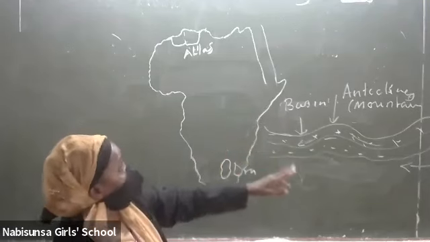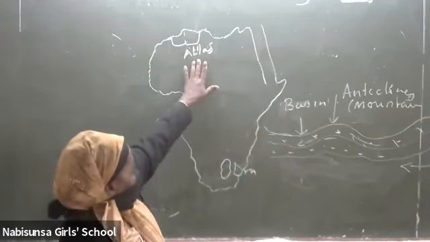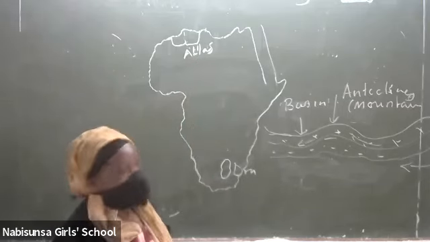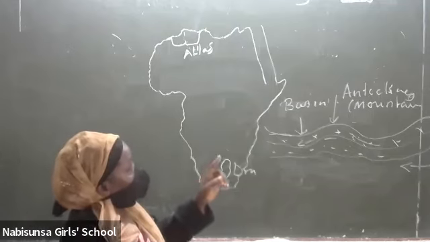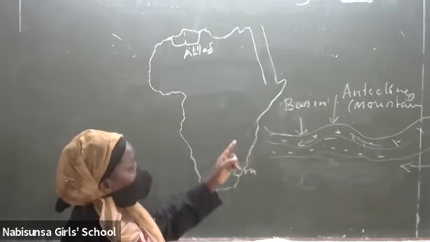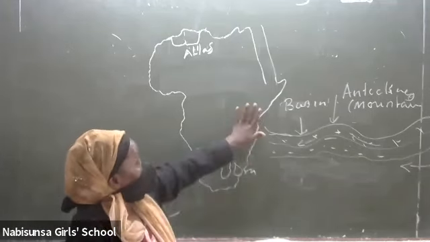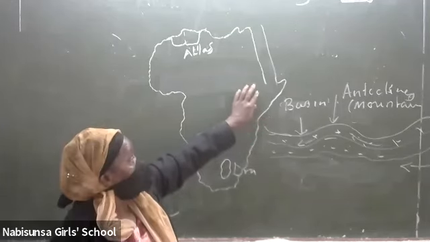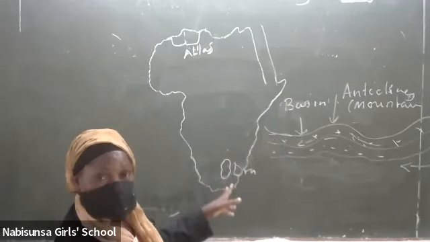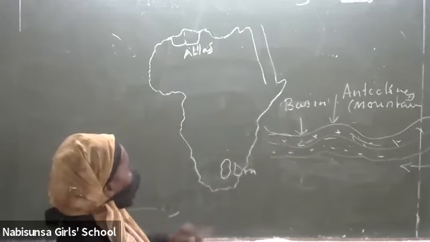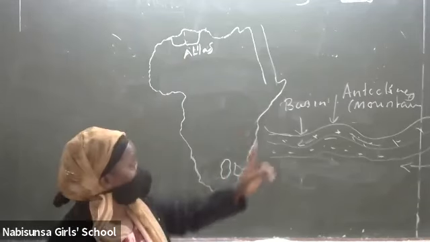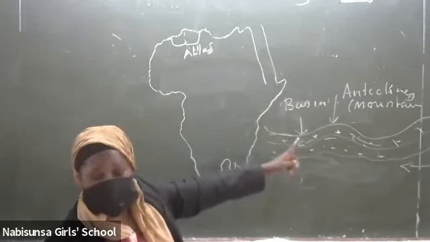And those ones led to the formation of the Atlas and the Drakensberg Mountains. And you will find that somewhere, when we are talking about the Ethiopian Highlands, we will almost talk about the same, but it will be slightly different. So these are the major landforms which are resulting from those processes.